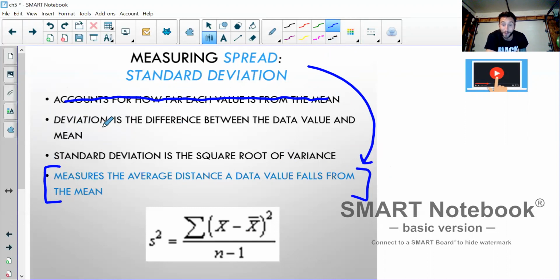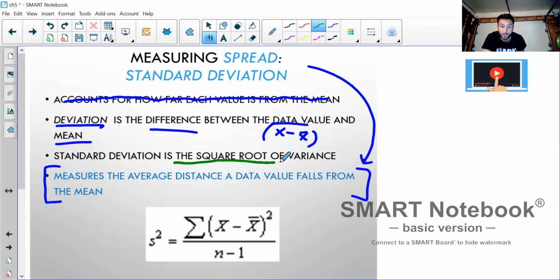So deviation itself, that word literally refers to the difference between the data value x and the mean x bar. So the deviation here, x minus x bar, literally represents the distance each individual data value has from the mean. And then this third bullet here, this is important.